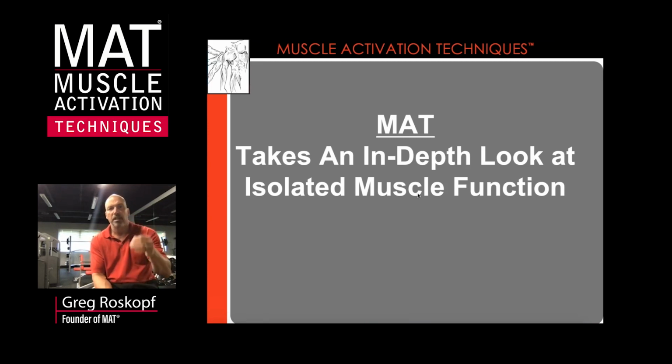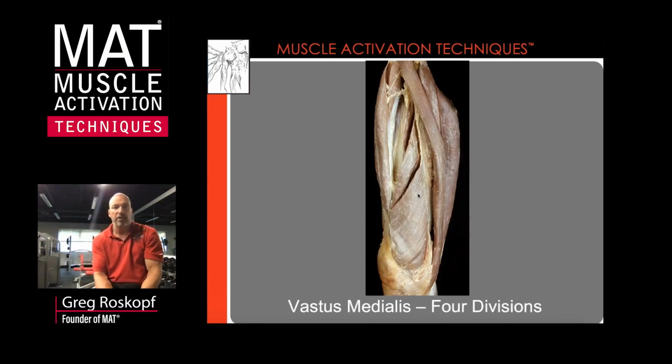Every muscle in the body has its own communication pathways, its own set of battery cables. Look at this, the vastus medialis. You see the VMO at the bottom of the quad, and it's separated by fascia, and then you have a larger version of the vastus medialis, and you have basically four different divisions of the vastus medialis that are all separated by fascia.